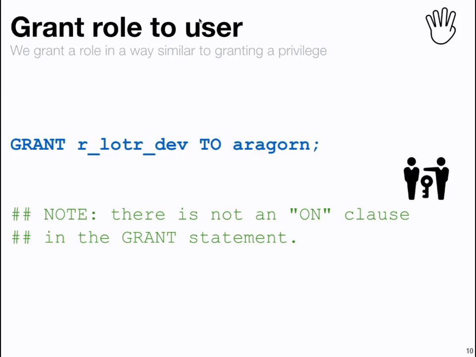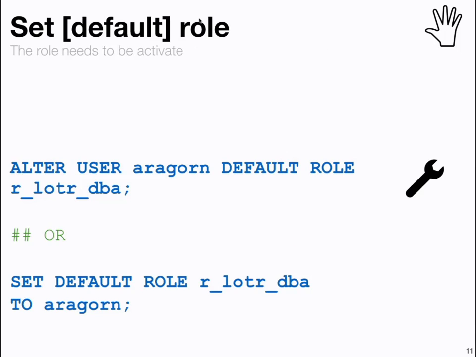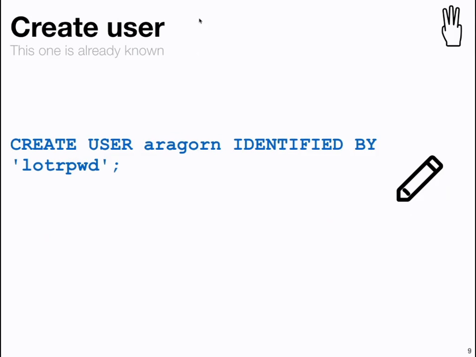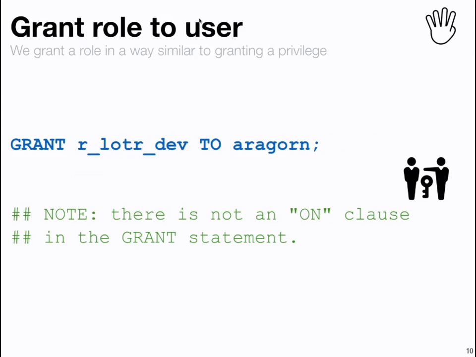Here there is something different. When you grant a role, there is no ON clause. So you don't say grant role on, you just grant the role as it is.